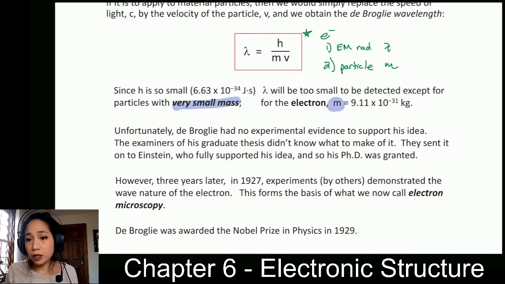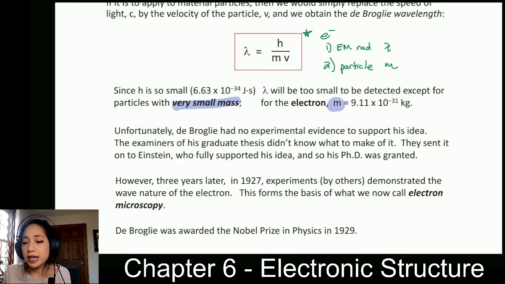To resolve those images. What electron microscopy does is it doesn't use white light, visible light, to resolve images that you're trying to look at. Instead, it uses electrons to reflect off surfaces, and it's not going into your eyes. Instead, it's going to a detector that can detect electrons and resolve even smaller images.